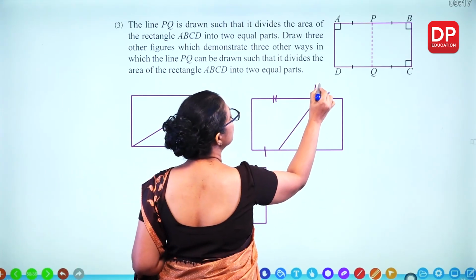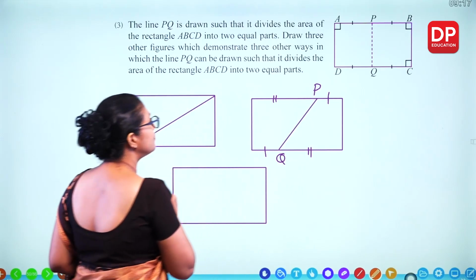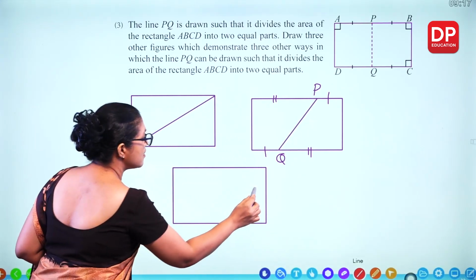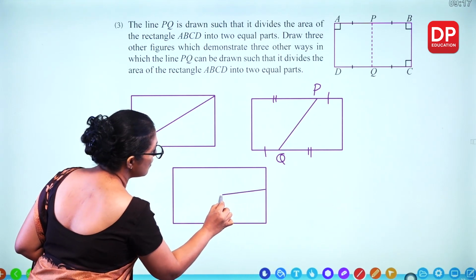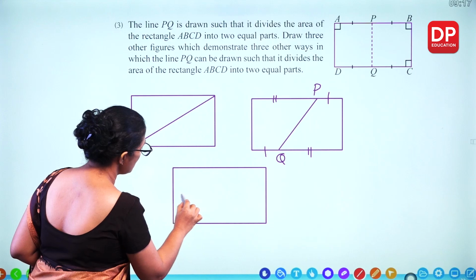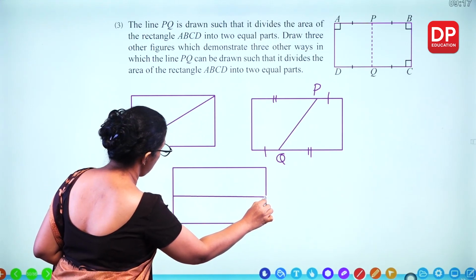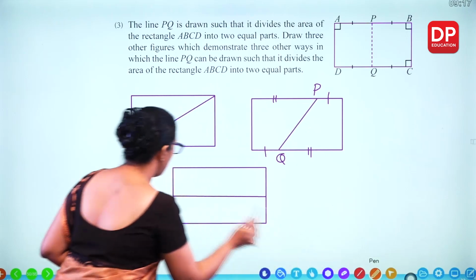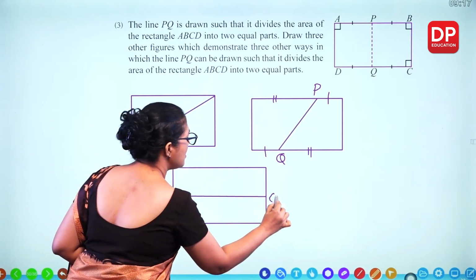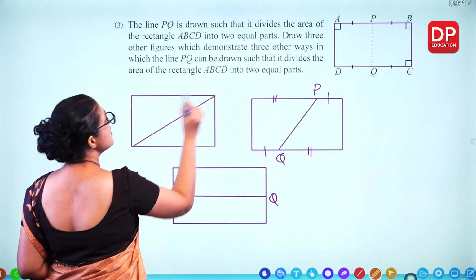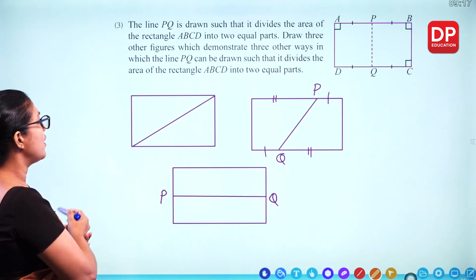PQ line is here. Then another one, you can divide this way, also possible. Divide this way, half. Or you can take anything here. This is PQ is on B and D point.